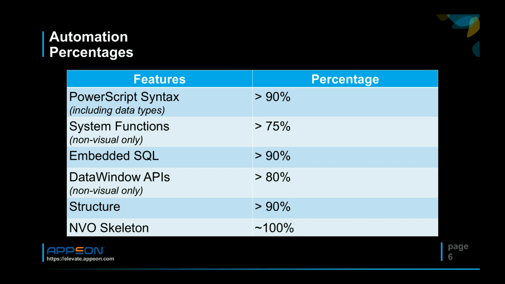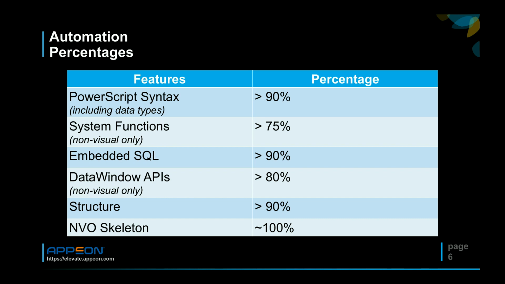Now, these percentages are not based on customer feedback because this solution hasn't even been released to market yet. But internally inside Appeon, we have a number of customers that have submitted their real-world applications for our testing purposes to help move the product forward. And in using some of those examples, we've done internal testing, achieved this sort of result.